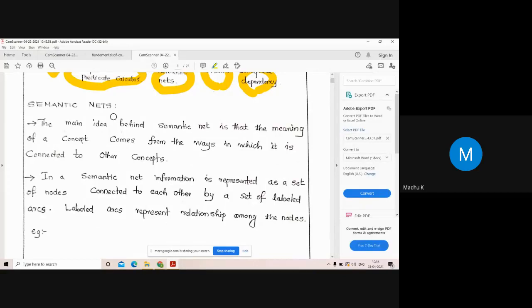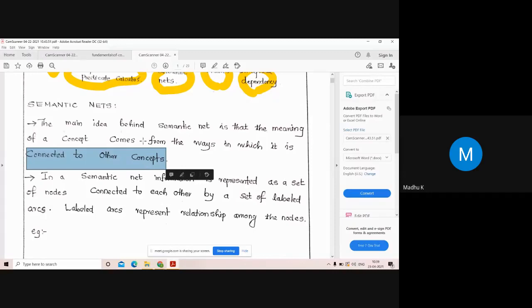The main idea behind semantic net is that the meaning of a concept comes from the ways in which it is connected to other concepts.